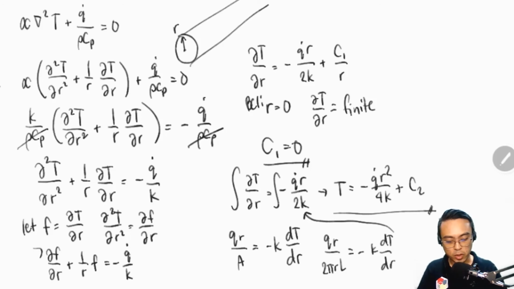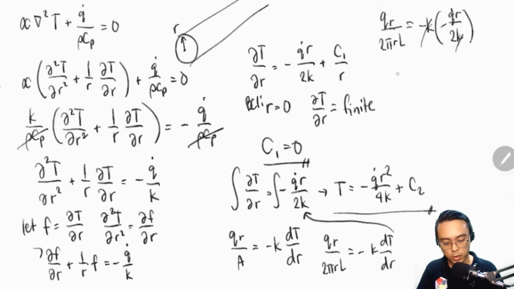We can substitute this. We have QR over 2 pi RL is equal to negative K times negative Q dot R over 2K. K cancels. We will be left with QR is equal to 2 pi RL times Q dot times R over 2. 2 cancels.